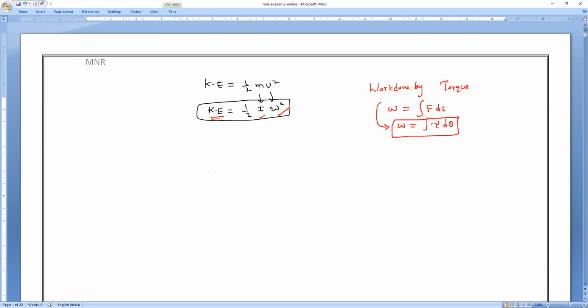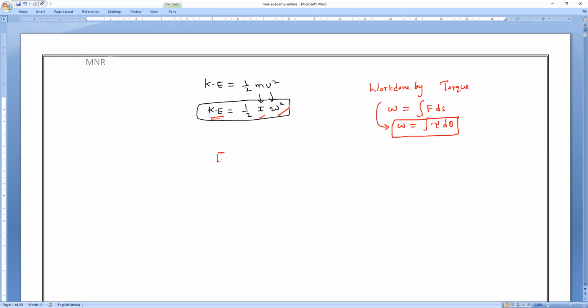With the help of these two, we are now going to study what we studied in the work, energy and power chapter: the work energy theorem, change in kinetic energy. That is what we are going to study in today's class.